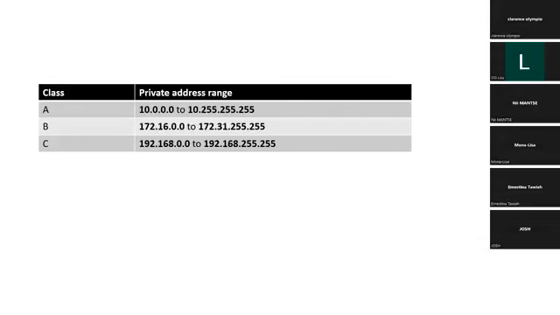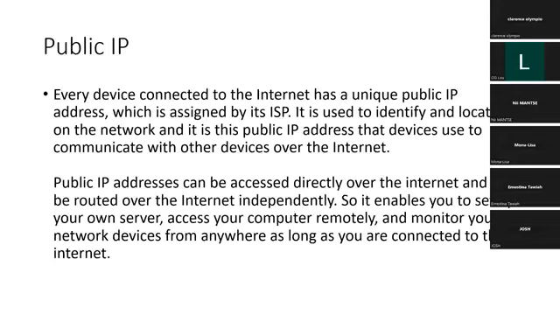Apart from these, every other IP address is a public IP, and you need to buy it. You can't just use it. The ISP has to assign it to you so that you can use it for whatever you want to use it for. Very good. Any question?